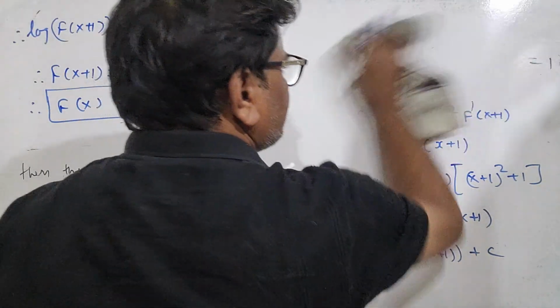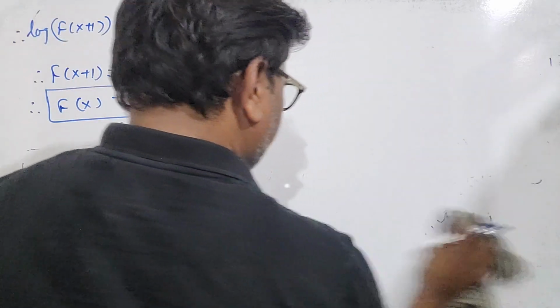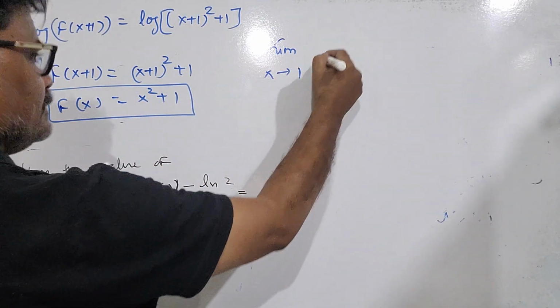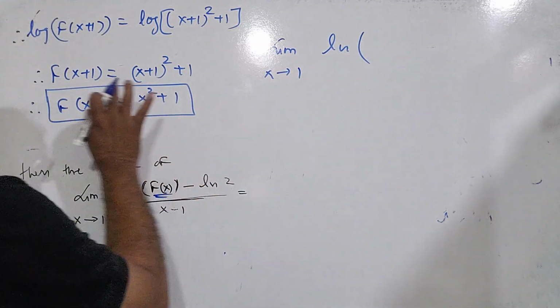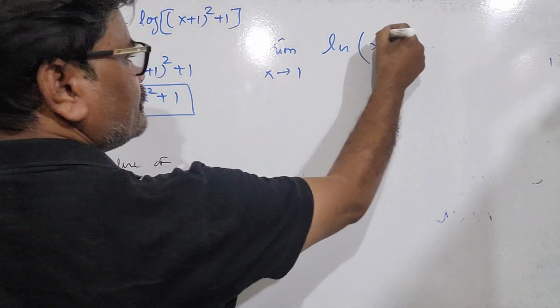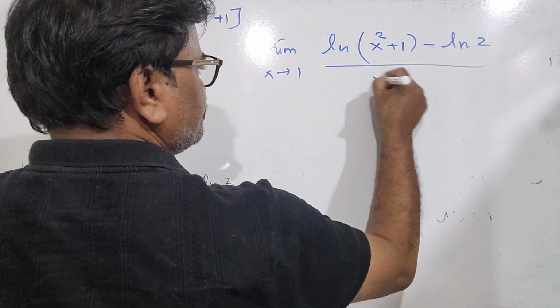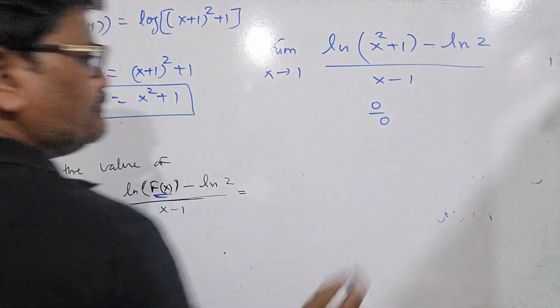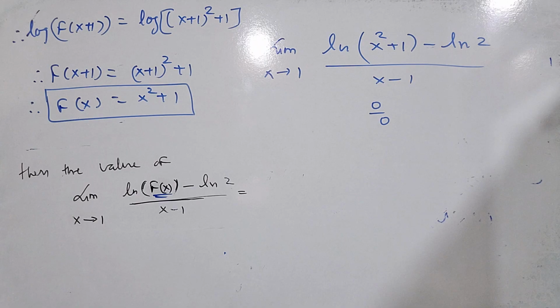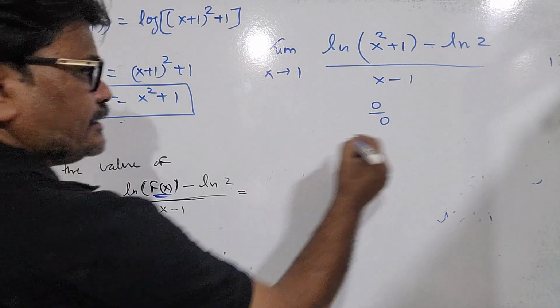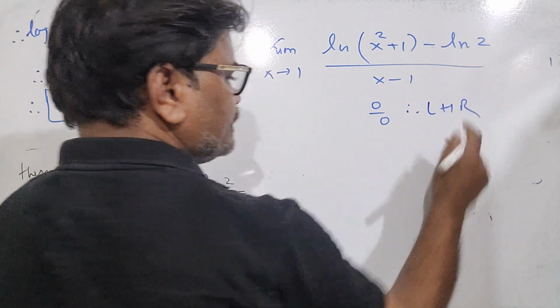Now the question is to evaluate this limit. So this is the limit x approaching 1 of ln f(x), f(x) is x squared plus 1, minus ln 2, divided by x minus 1. Again 0 by 0, x approaching 1, so again apply L'Hospital's rule.